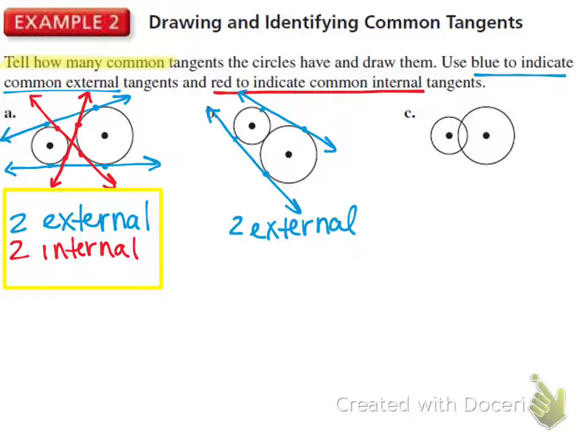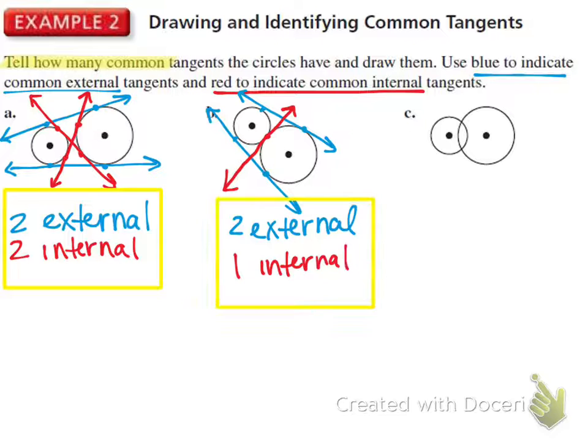We want one line that touches each of them once. These circles do touch, we all agree. They technically touch in one place. So our internal tangent line will go through that one place. So it'll have one internal tangent line.